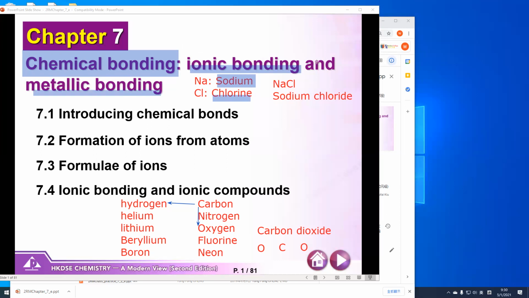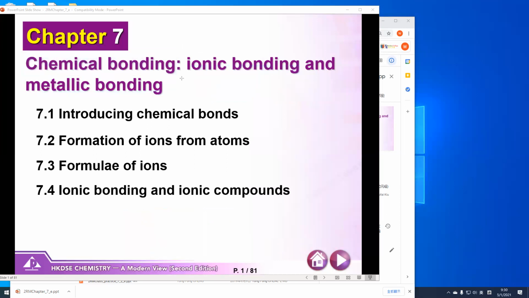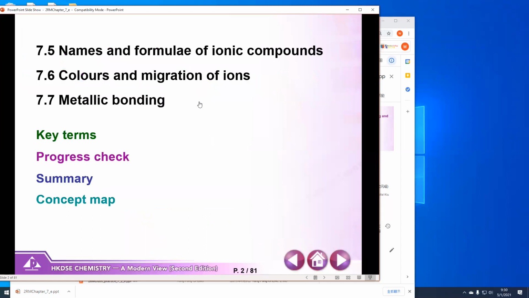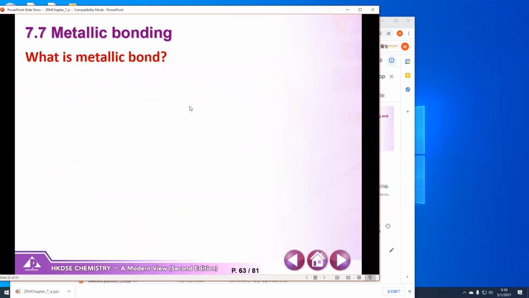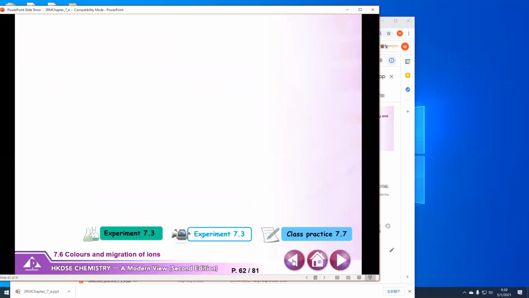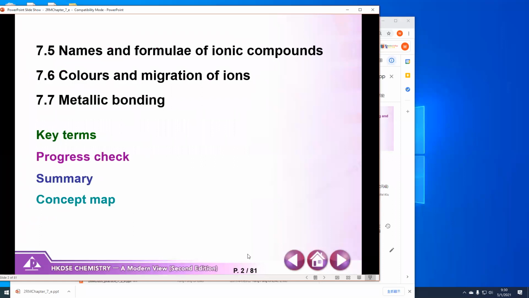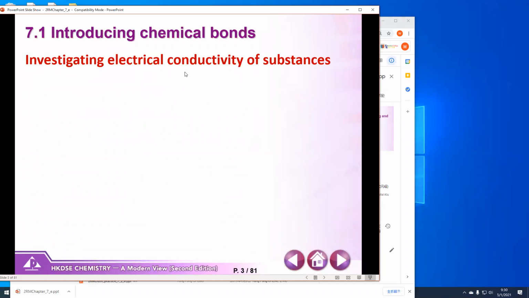Okay, 即係話我哋要黐住唔同嘅 atoms，黐住唔同嘅 elements，我哋係全靠呢啲嘅 bonding。咁 bonding 咧係好緊要，仲好玩過前面嗰啲好悶嘅。Introducing chemical bonds.